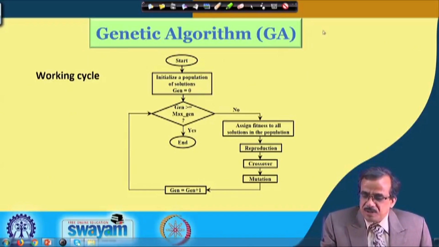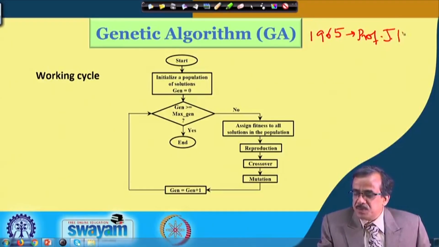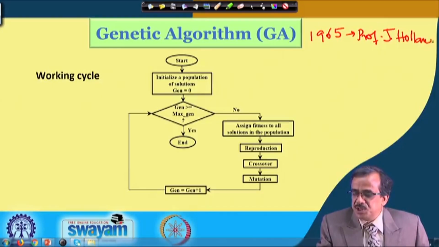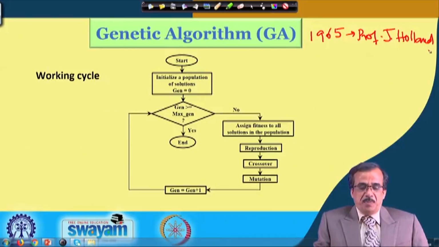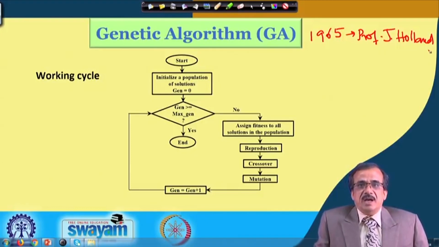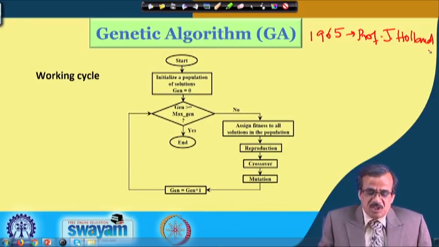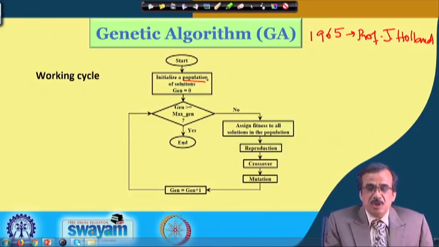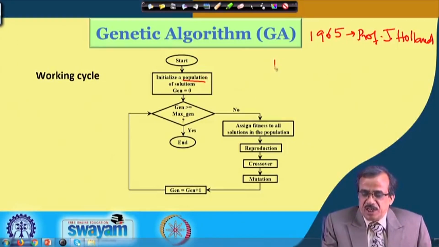As I told, the genetic algorithm was proposed in the year 1965 by Professor John Holland, from the University of Michigan, USA. Professor John Holland proposed the concept of the genetic algorithm, which is a population-based search and optimization tool that works based on Darwin's principle of natural selection.